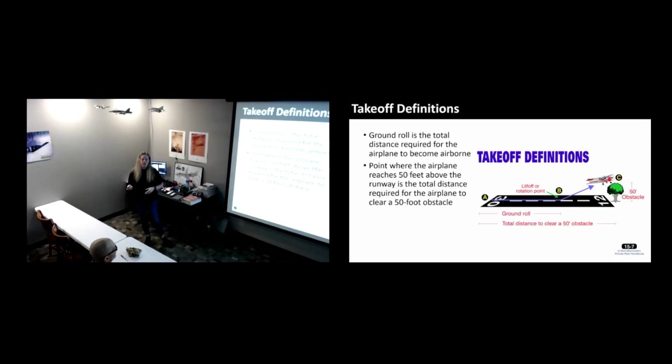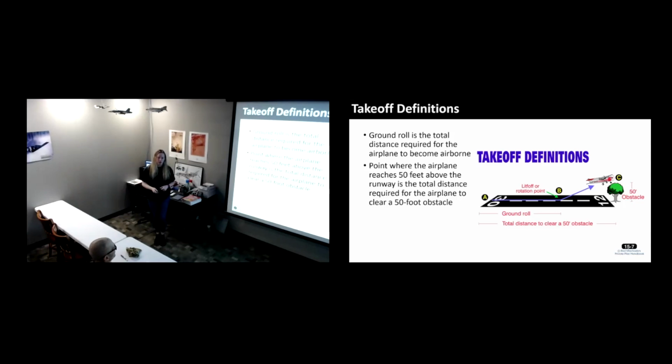Why do we do that? Does anybody know why we have this imaginary 50-foot obstacle? It's just to simulate clearing an obstacle after takeoff. Great, you can get off the ground in 1,000 feet. What about that mountain that's a mile away? Are you going to be able to clear that?